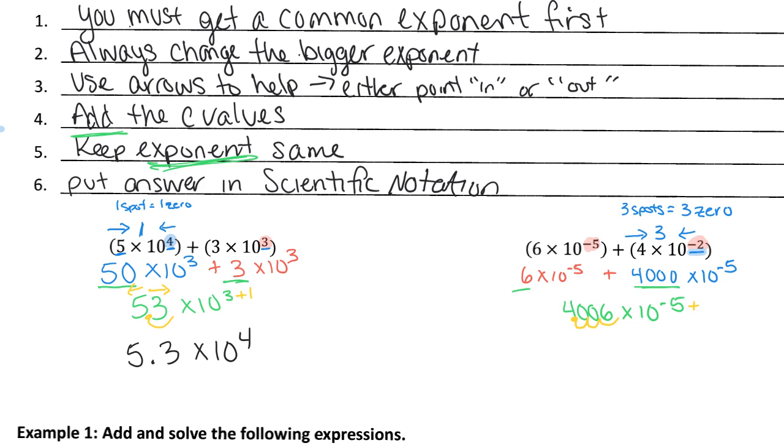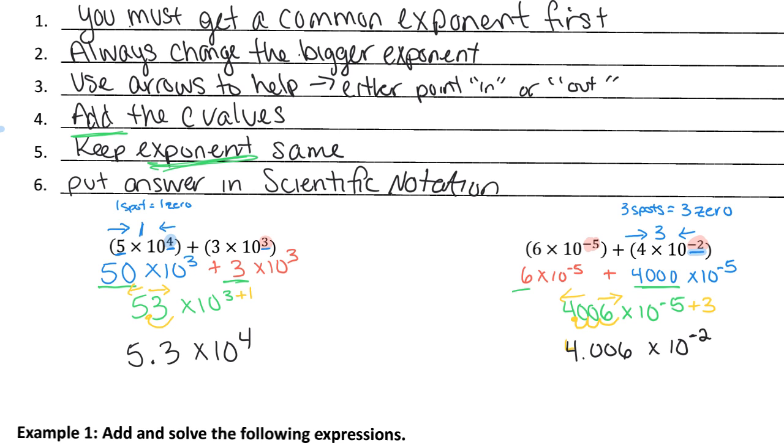So we add a 3 here because it's getting bigger by 3. Our answer then is 4.006 times 10 to the -5 plus 3, which is -2.